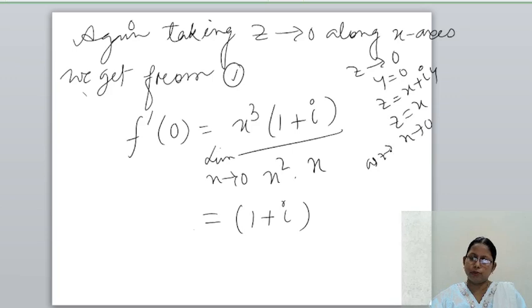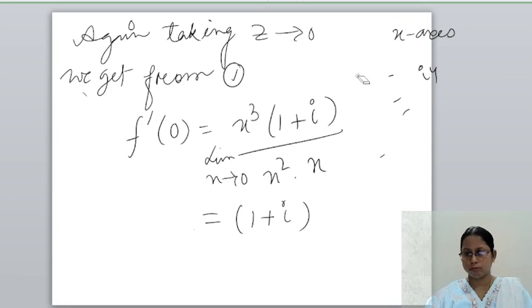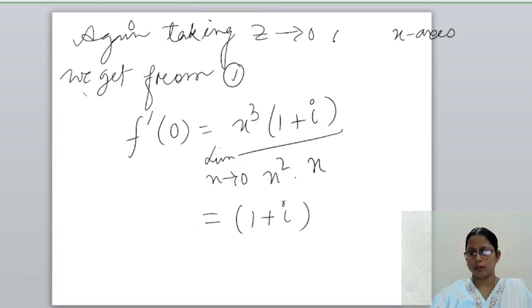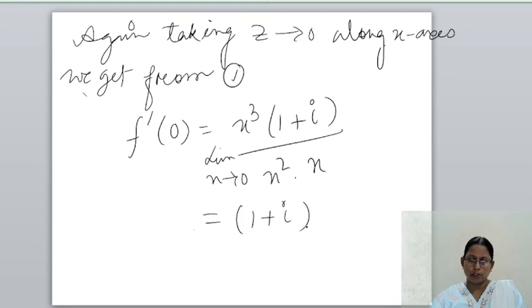As z tends to 0, we have this x tends to 0. So putting this value, along the x-axis, we will get this value.